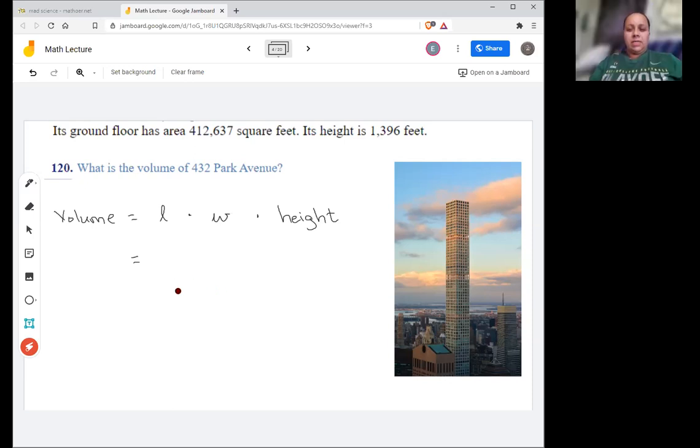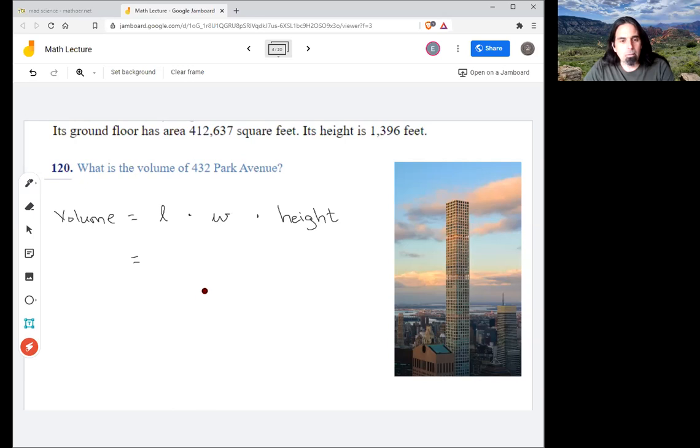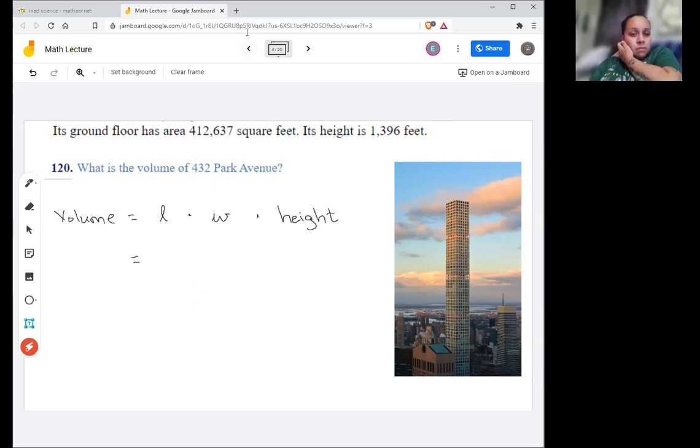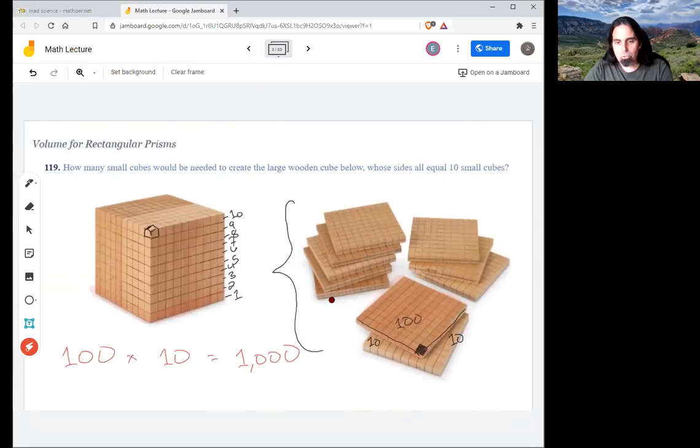Would you be dividing by any chance? I could try to find the length and width, but I actually don't need to. Remember that all we're trying to do is find the ground floor and then multiply by how many stories tall we have.